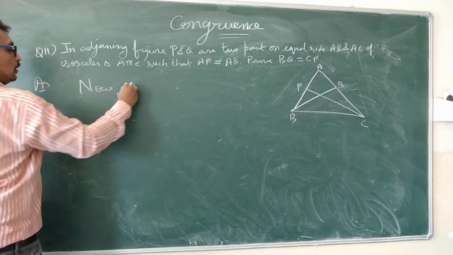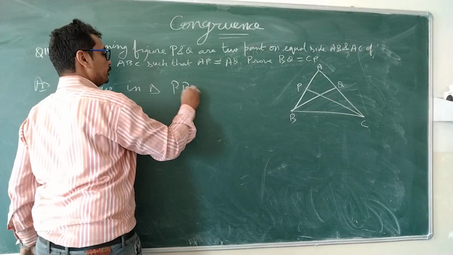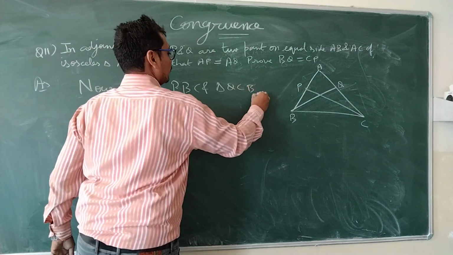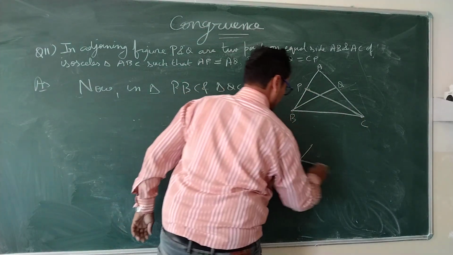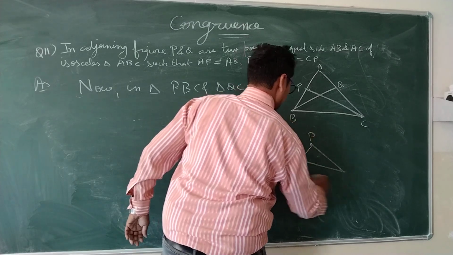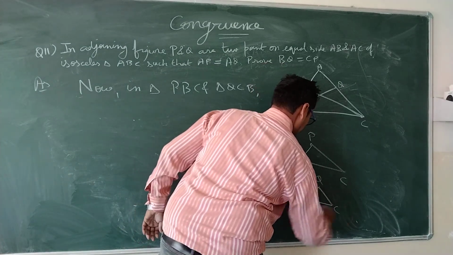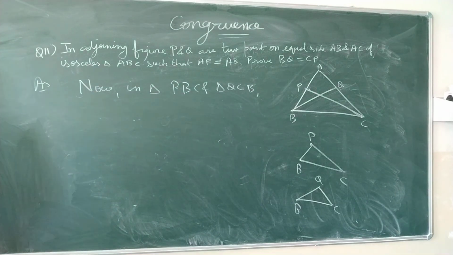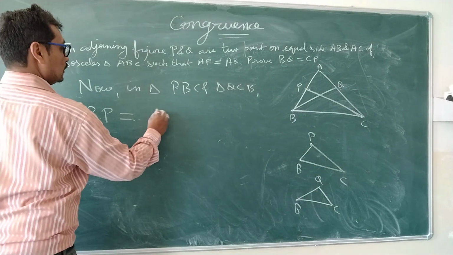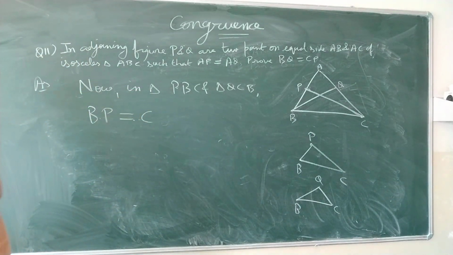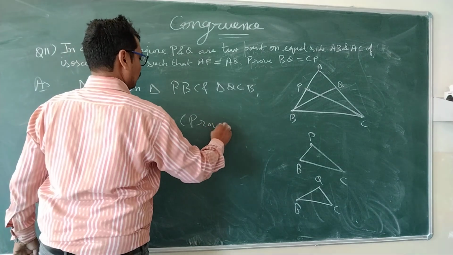Now, in triangle PBC and triangle QCB, BP is equal to CQ, proved above.